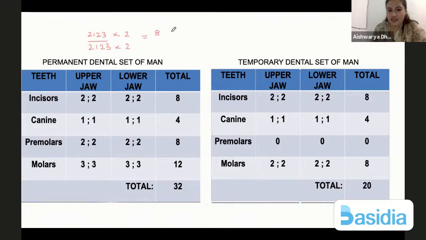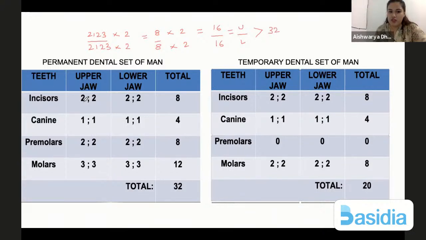So 8 into 2. Similarly here also it will be 8 into 2. Total 16 on the upper jaw, 16 on the lower jaw. Upper, this is lower. And total we have 32.